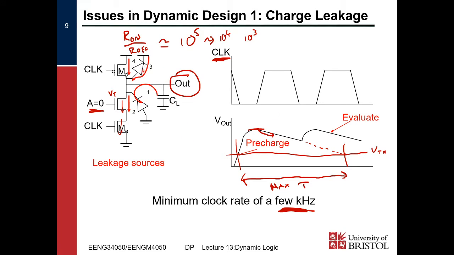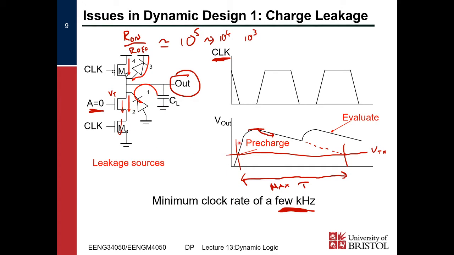We saw that there is some charge leakage. So this was the first issue with dynamic design. We've got charge leakage because our transistors are not completely off. They're only like a 10 to the 5 difference between on and off. And then with low VT transistors, that gets even worse. And then we also have leakages down through other parts of the transistor.